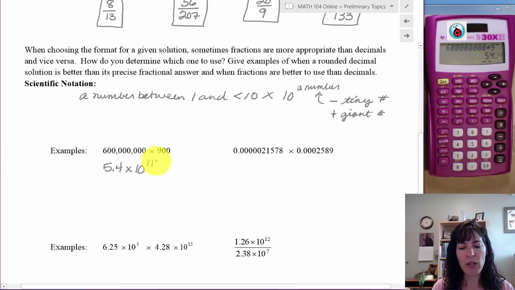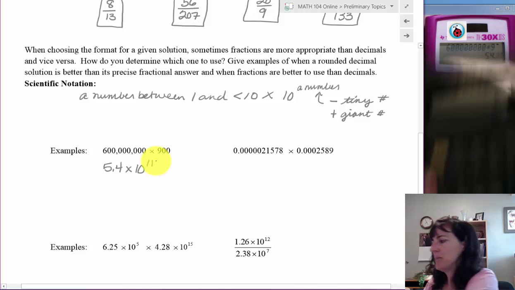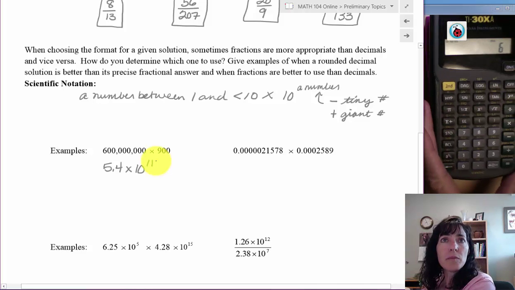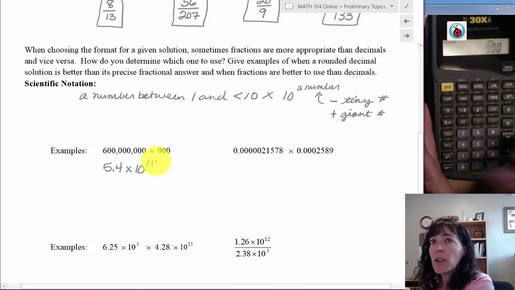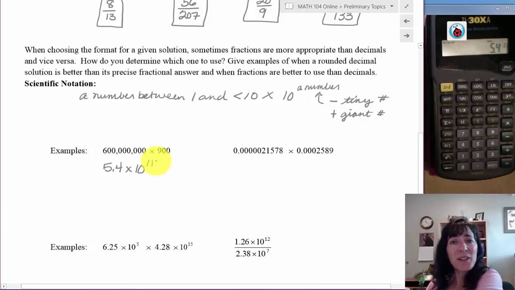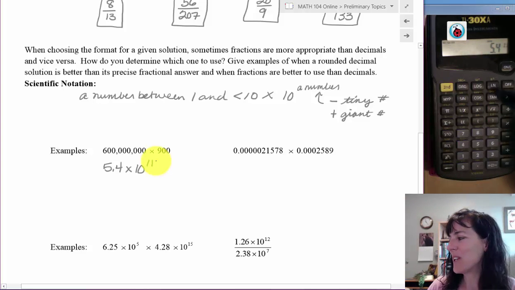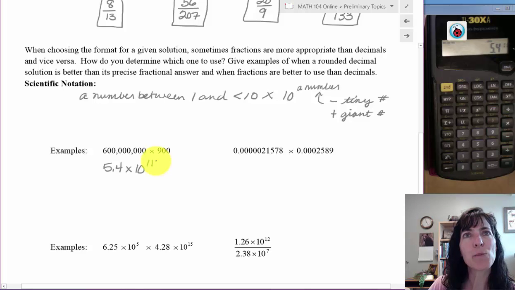If I do this on my other calculator, let me try it. 600 times 900. It's not as friendly, and it shows it as 5.4 and then the exponent of 11. So it's not even telling me that this is scientific notation.